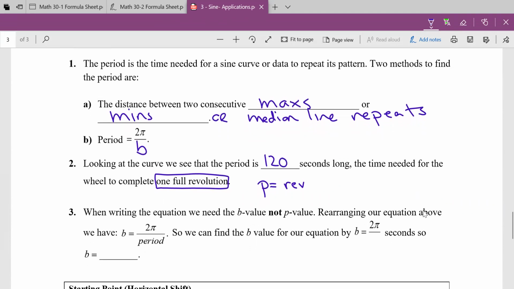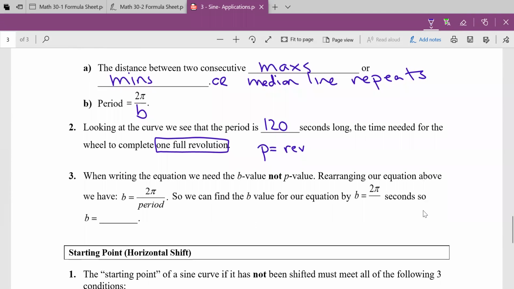If I was asked, like in number 3, to write the equation, we need the b value, not the period value. So to find that, we'd rearrange our equation. We'd say b is 2 pi divided by the period. So in this case, 2 pi divided by 120, or we could say that's pi over 60. That would be the b value in our equation.